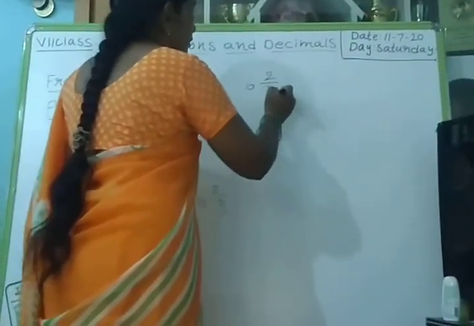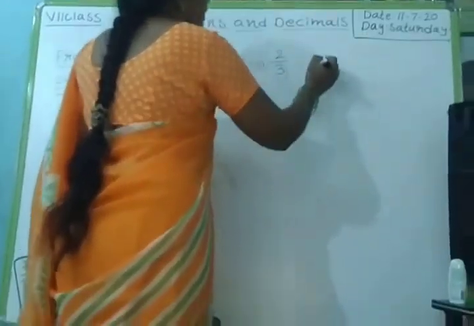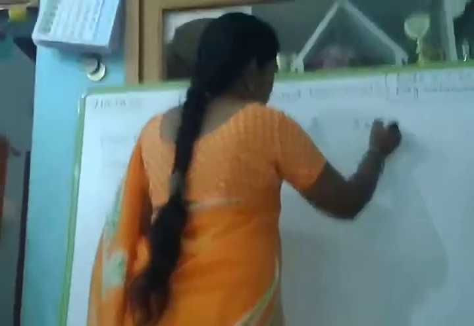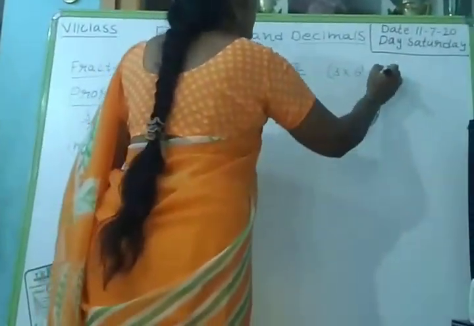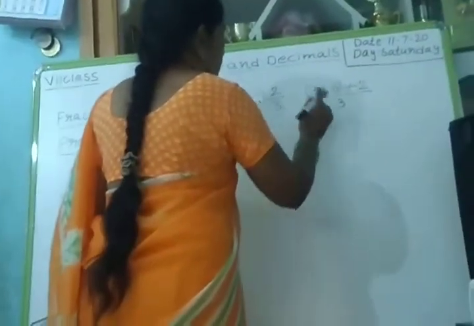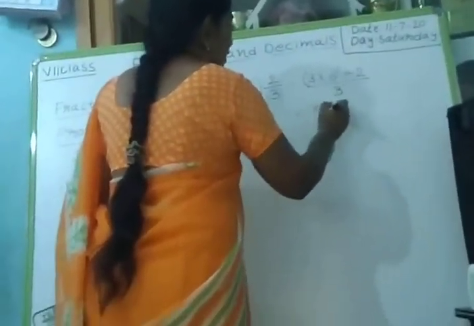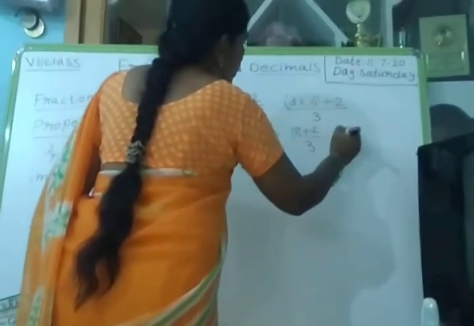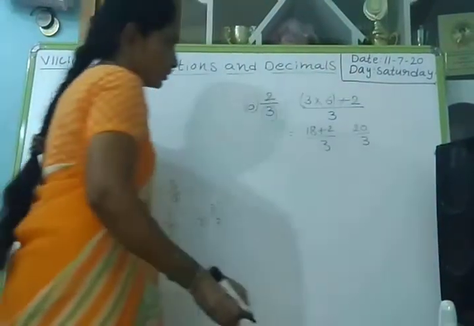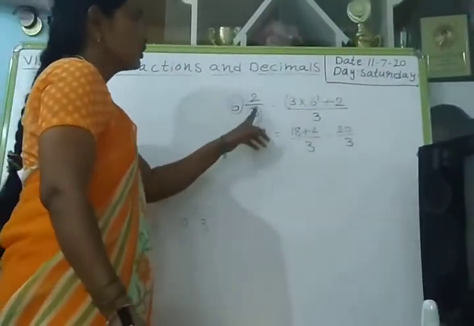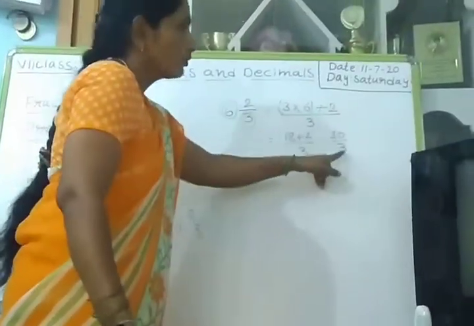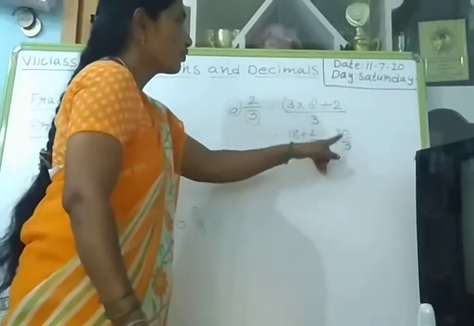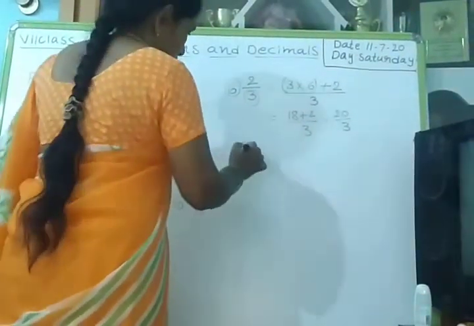First, take denominator into whole plus numerator, over the denominator. 6 threes are 18, plus 2. 18 plus 2 is 20. So 20 by 3. So 6 2 by 3 is a mixed fraction, and we converted it into the improper fraction 20 by 3.